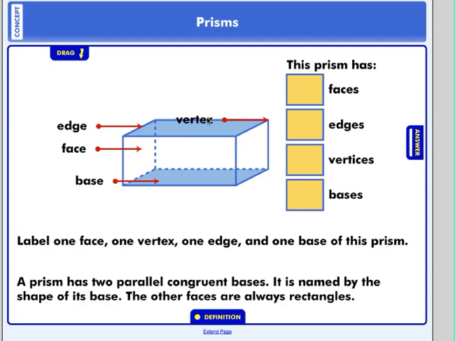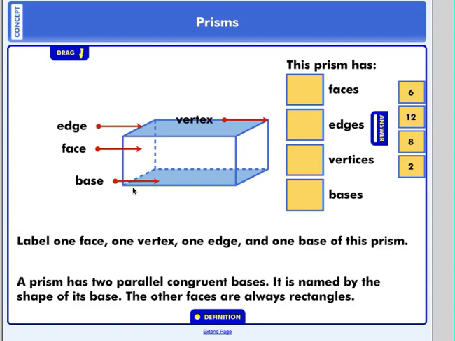Okay? So this prism here has 6 faces. 1, 2, 3, 4, 5, 6. Don't forget top and bottom, the bases. It has 12 edges. Okay, each one of these is an edge. So you got 1, 2, 3, 4, 5, 6, 7, 8, 9, 10, 11, 12.